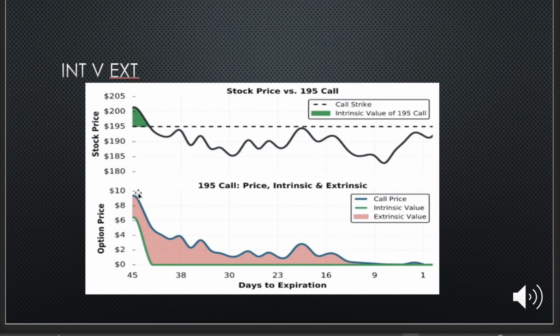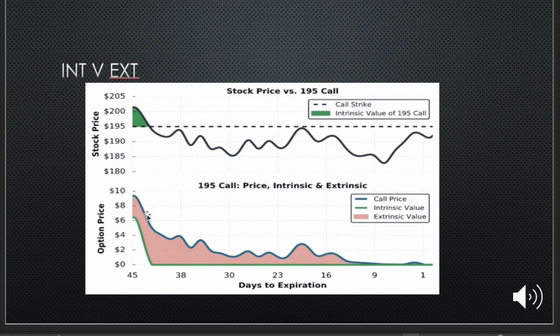So the complete price of the call is basically the sum of whatever the intrinsic and the extrinsic value. That's what gives you the call price, in this case 9. So for example, this might have $6 intrinsic value plus $3 extrinsic value, and that would give you the complete option price, right?